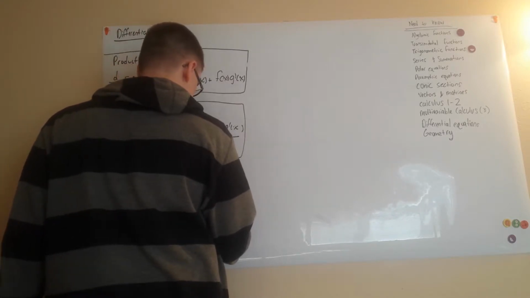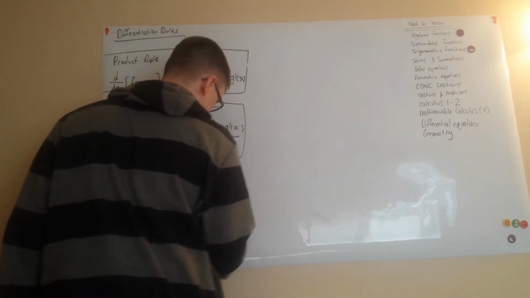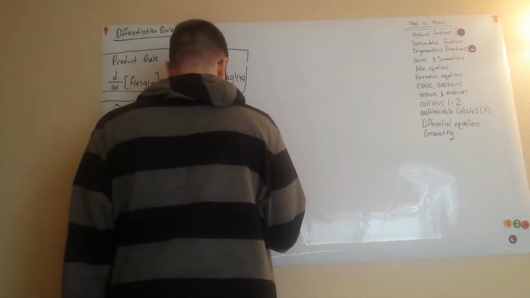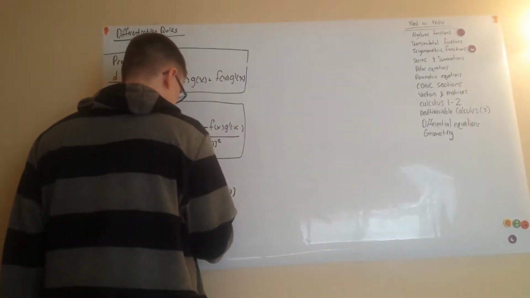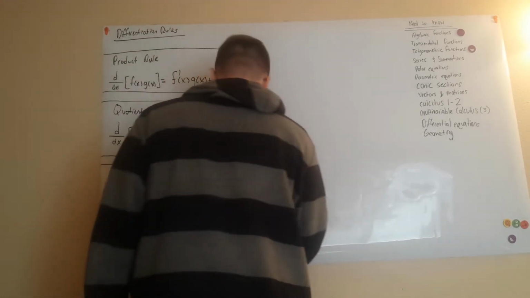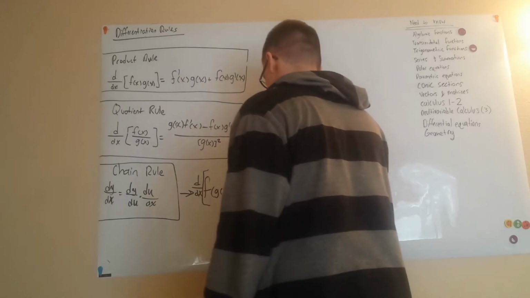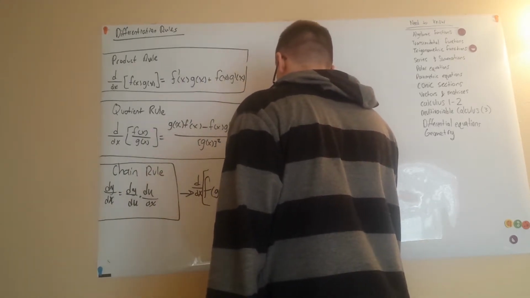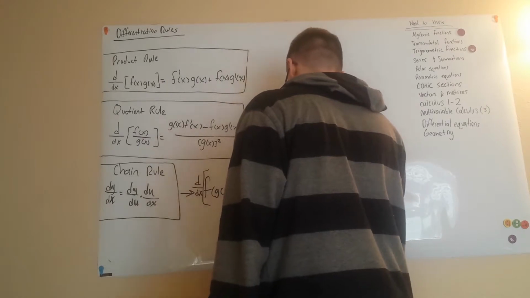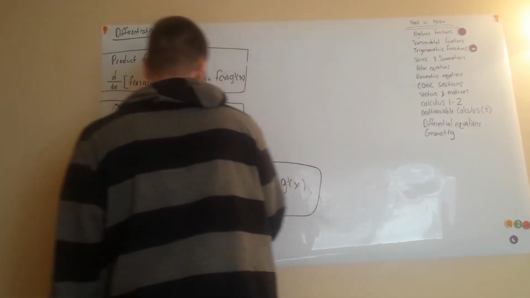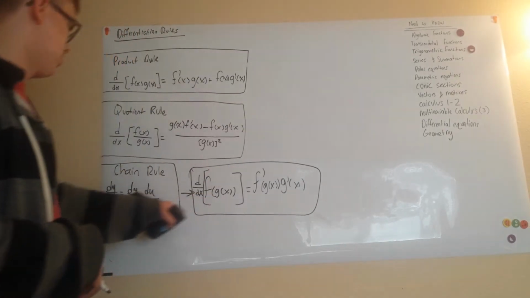The shortcut is this. f of g of x, the composition. The derivative of this composition equals f prime of g of x times g prime of x.